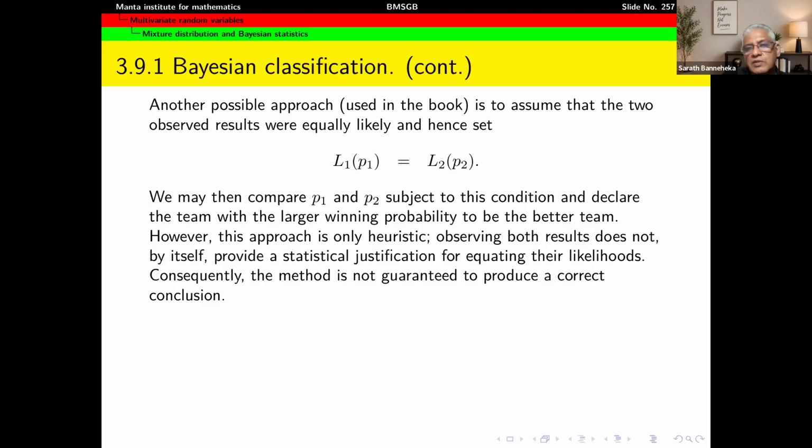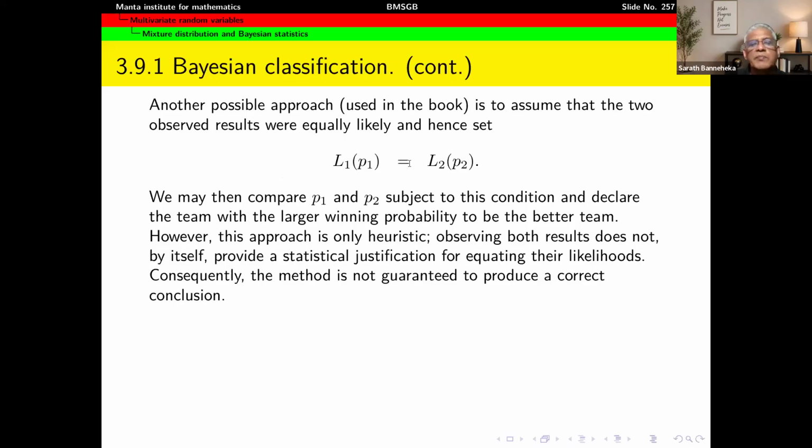So that means assume for the moment that the likelihoods of what has already happened are equal. We may then compare P1 and P2 subject to this condition and declare the team with the larger winning probability to be the better team.